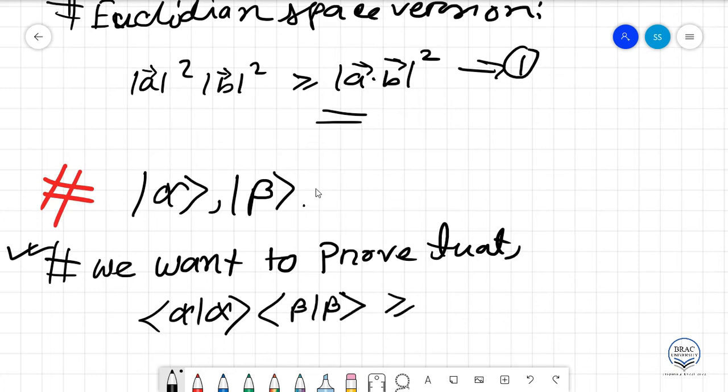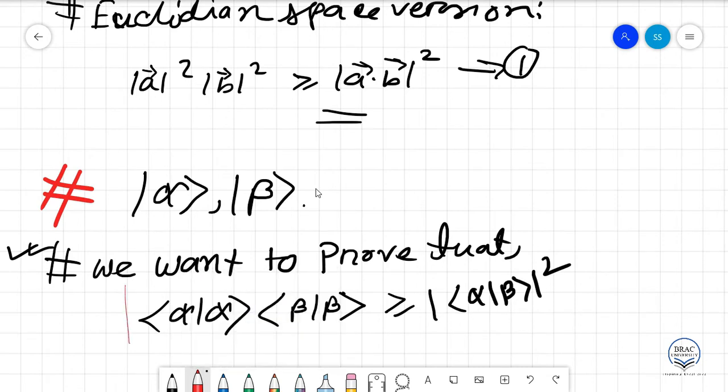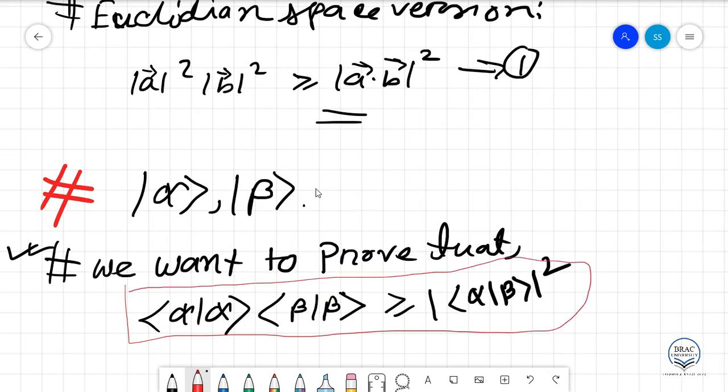This will be equal or greater than the modulus of alpha beta squared. This is the thing we want to prove over here, and this is called the Schwarz inequality.